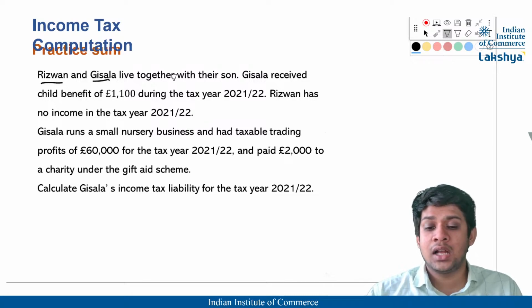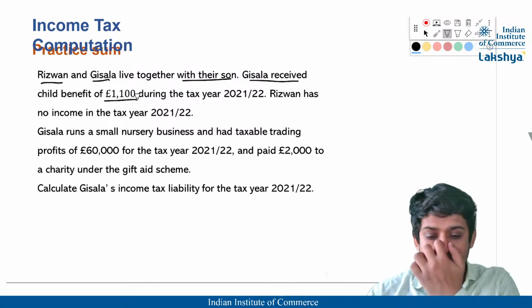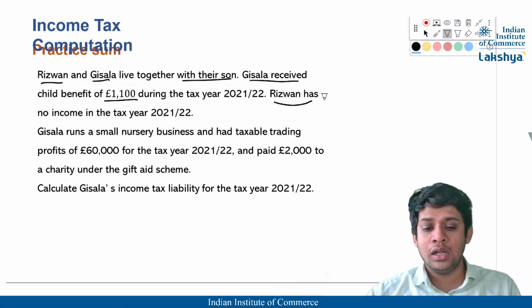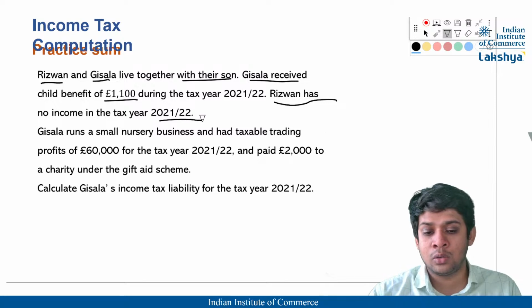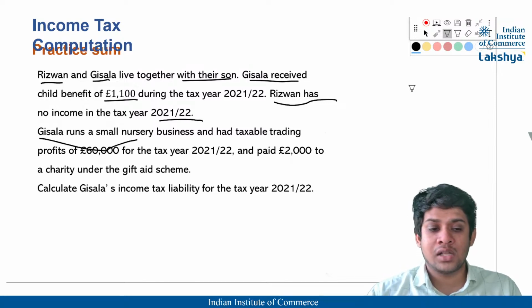Rizwan and Gisela live together with their son. Gisela received a child benefit of £1,100. Rizwan has no taxable income in the tax year 2021-22.